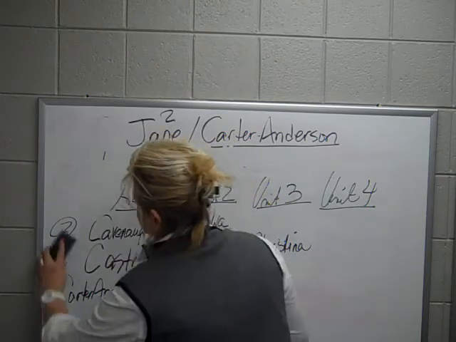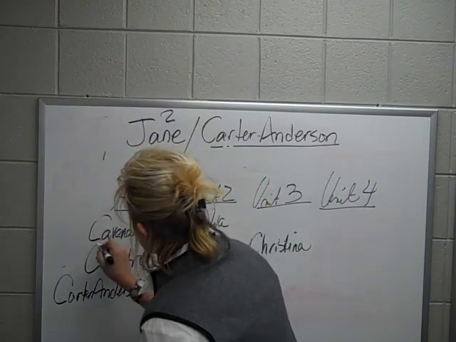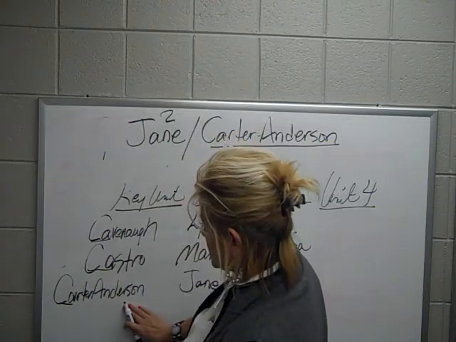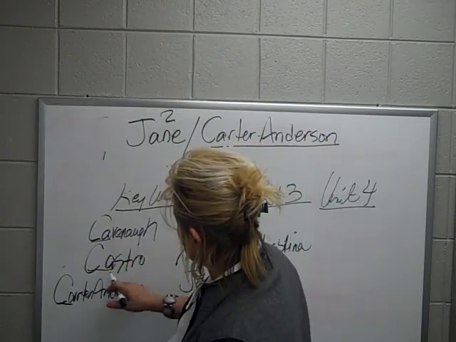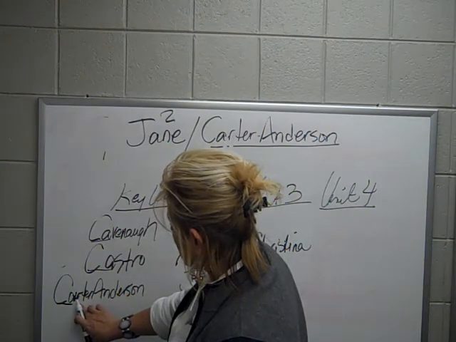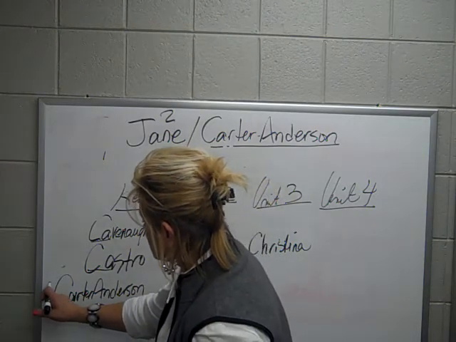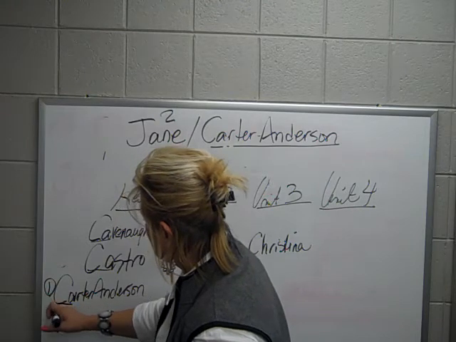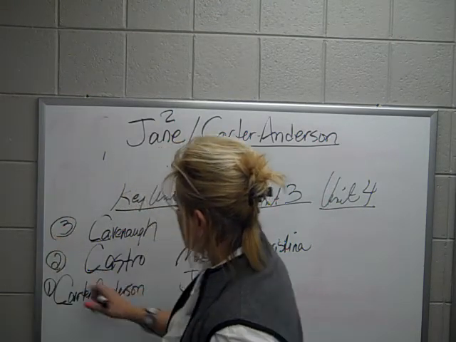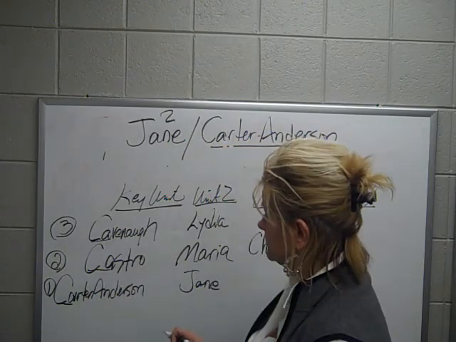Hold on. Okay, we've got CA, CA, CA. Carter Anderson. Okay. So Castro, R comes before S. So that's going to be 1, 2, 3. And these 3 names right here.